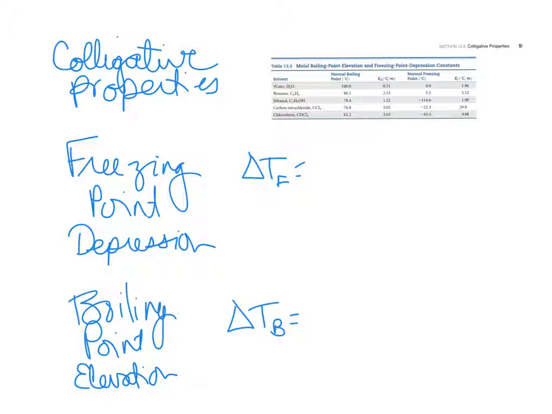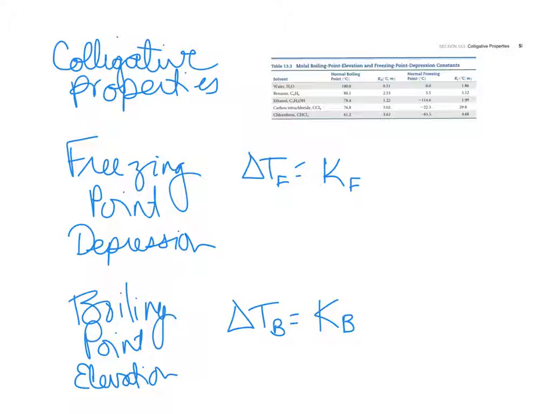Step two, the rest of the equation is Kf for freezing point, Kb for boiling point. The K is a constant, so that's a given value for whatever liquid you're dealing with.